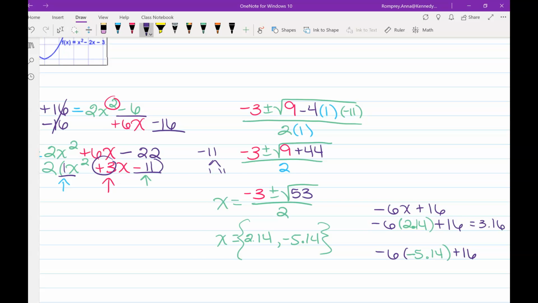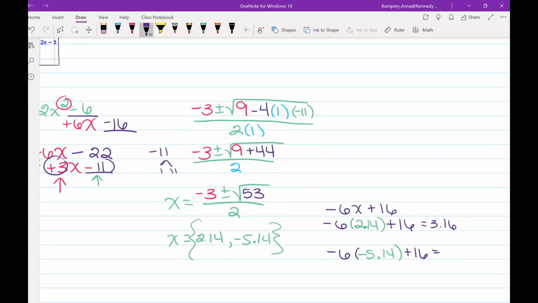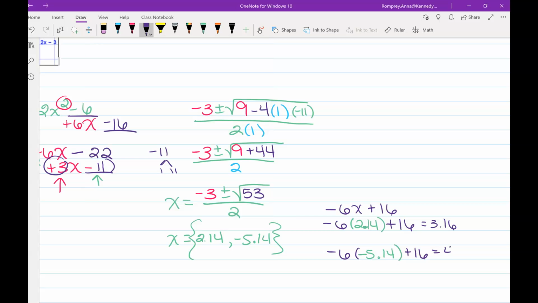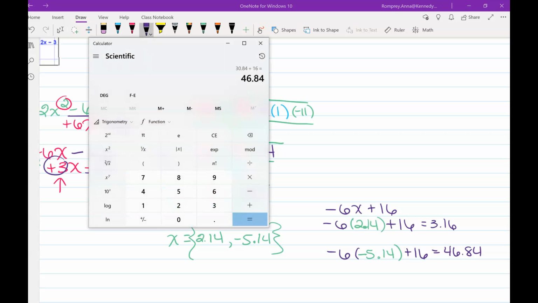So 3 and 16/100. And let's do it again. So negative 6 times negative 5 and 14/100 plus 16, 46 and 84/100. Yes, perfect.